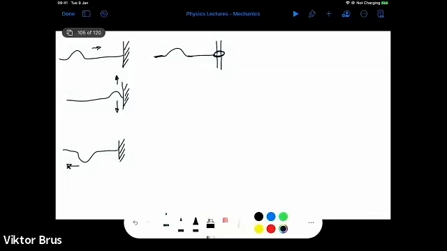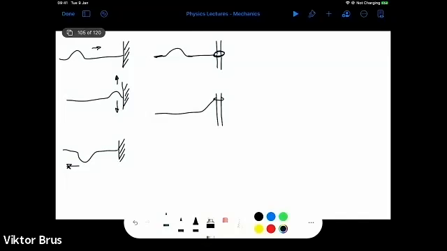So what happens now when this pulse reaches the end? We will see something like this. Let's say it will go to the maximum value. So this ring will go up to the maximum, to the amplitude of the pulse. And then the backwards tension of the string will pull this ring back down.